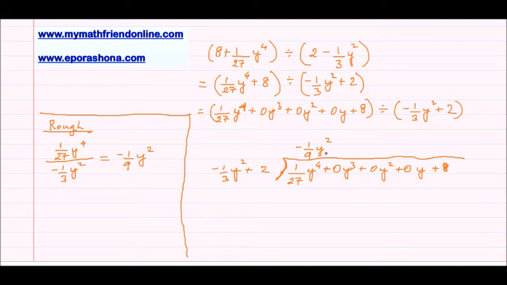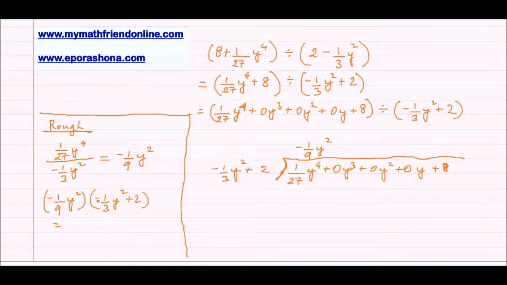Next, what do we have to do? Yes, right. We have to multiply this term with every term of the divisor that are present. So we write minus 1 by 9 y square into minus 1 by 3 y square plus 2. And what will be the product?